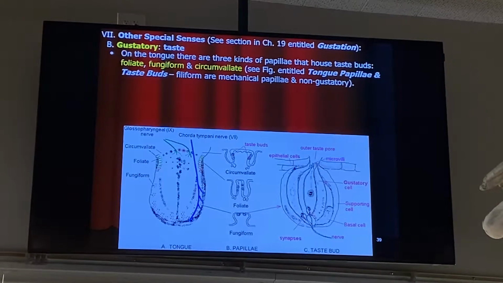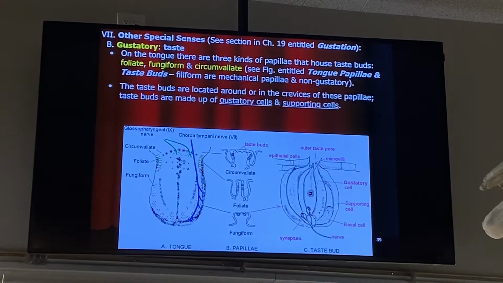Filiform papillae do not have taste buds on them. They will also have chemoreceptors, called gustatory cells, intermixed with supporting cells.